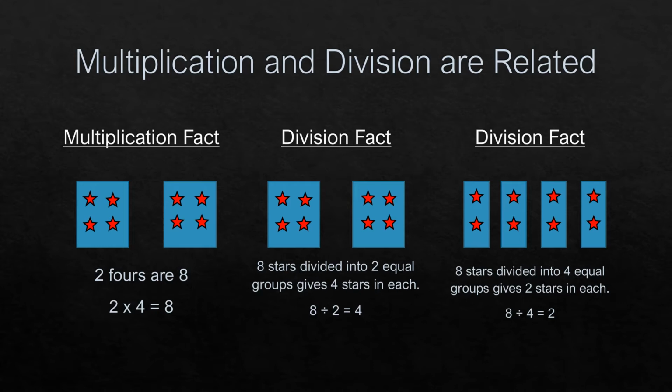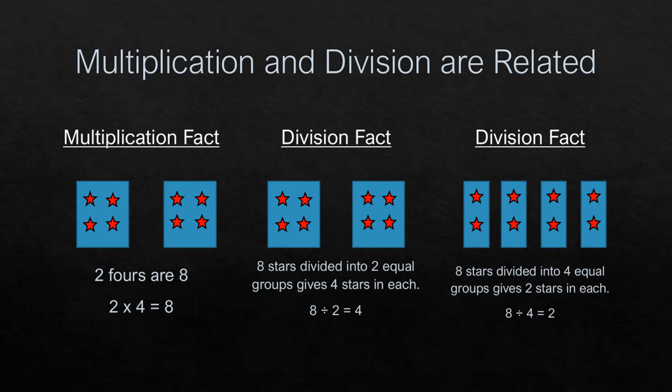So 2 4s are 8. Means two groups of 4 stars give 8 stars. 2 times 4 is 8. 2 multiplied by 4 is equal to 8. 2 4s are 8.